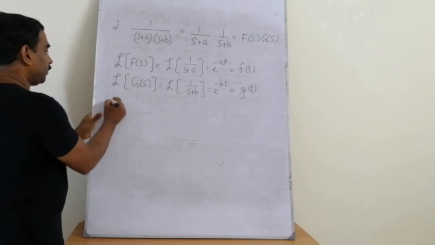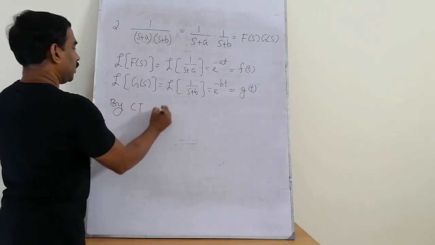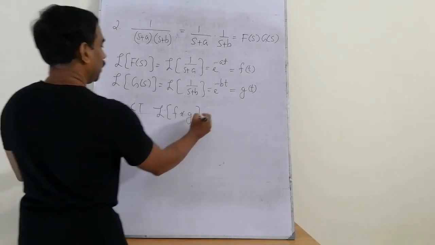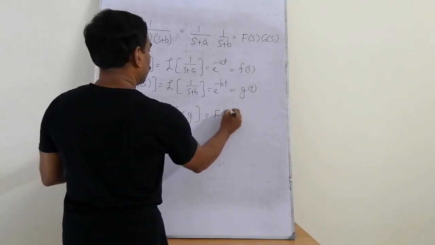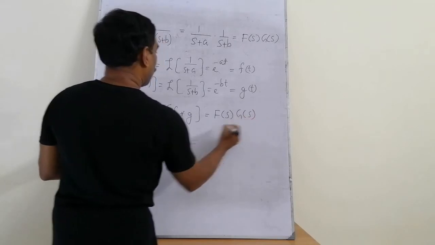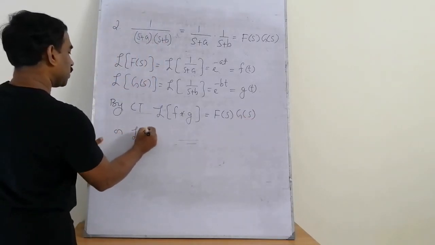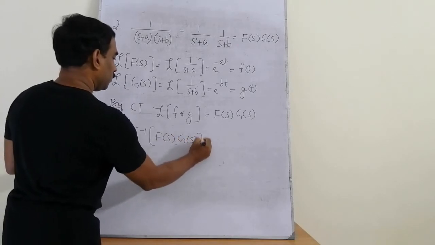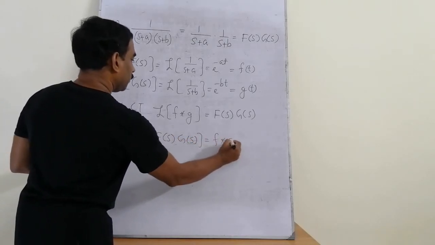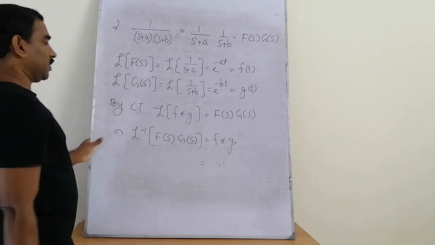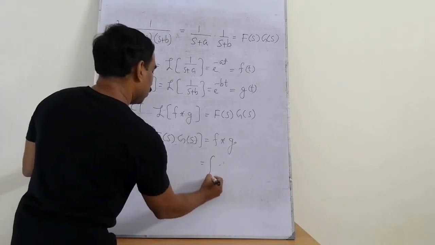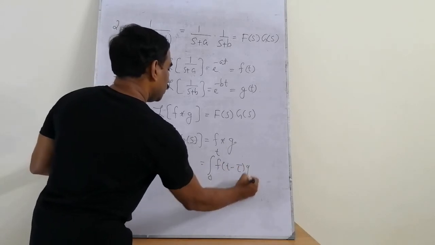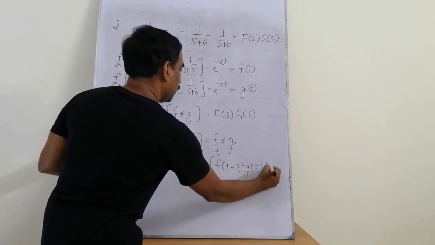Now by the convolution theorem, the Laplace transform of a convolution product f star g is equal to F(s) into G(s), or the inverse Laplace transform of F(s) G(s) equals f star g. And what is this f star g? f star g is equal to the integral 0 to t of f(t minus tau) g(tau) d tau.